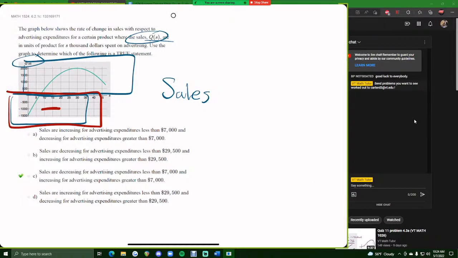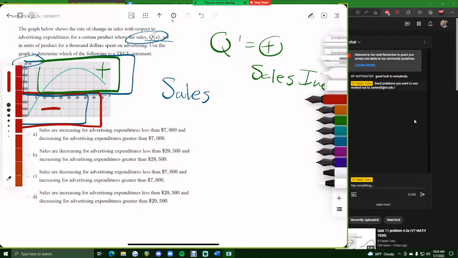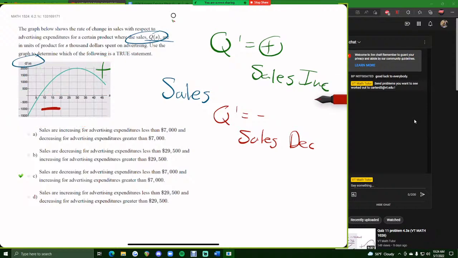Q prime is positive above the x-axis, which means where Q prime is positive, sales are increasing. Where Q prime is negative, sales are decreasing.